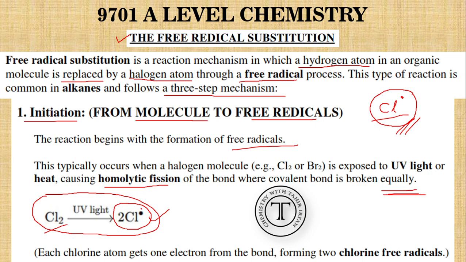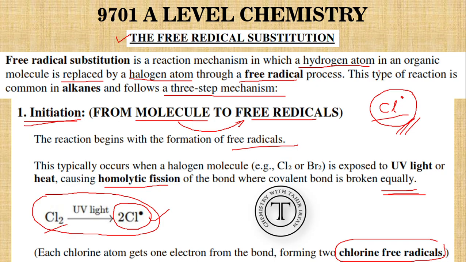So this is the first step. As you can see, each chlorine atom gets one electron from the bond, forming two chlorine free radicals. Whenever you see a molecule change into free radicals, we can say this is the initiation step.